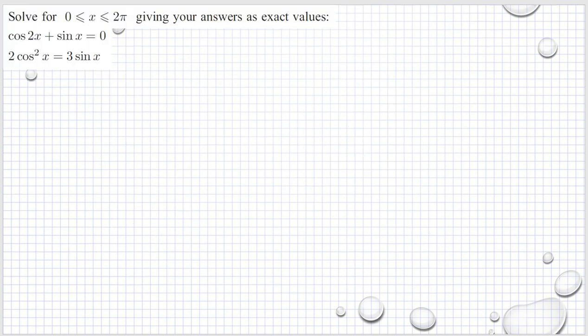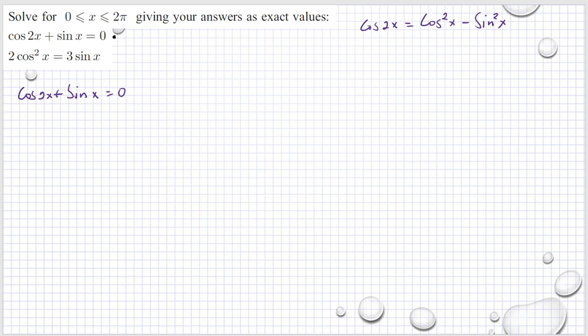Okay, let's solve some more. Solve for x, giving your answers as exact values. We can start with the first one. We have cosine 2x plus sine x is equal to 0. But we know that cosine 2x is equal to cosine squared x minus sine squared x.